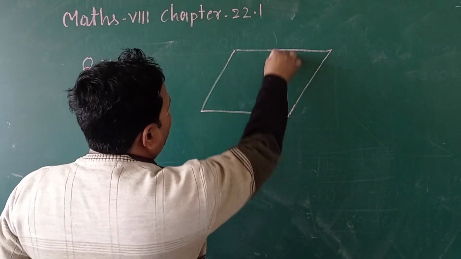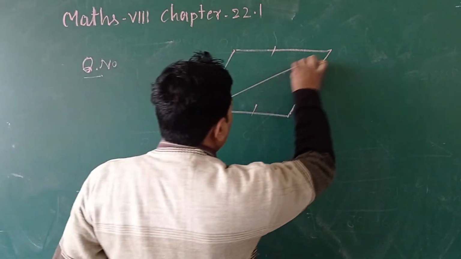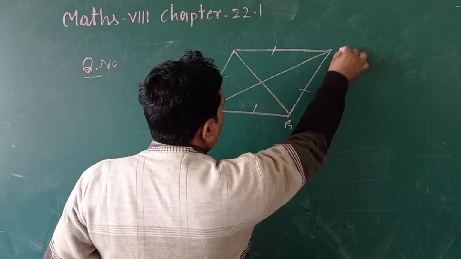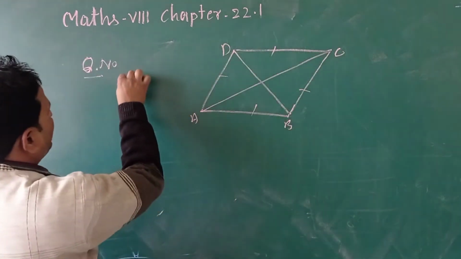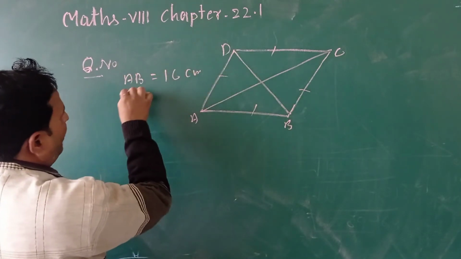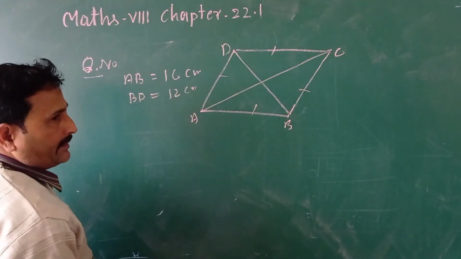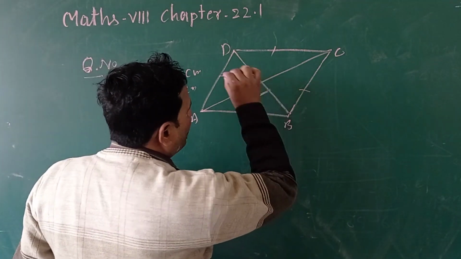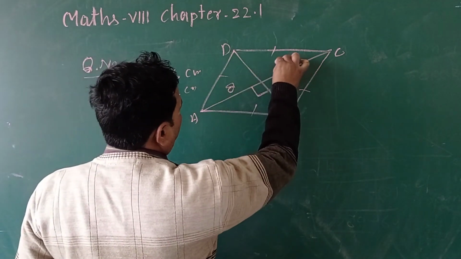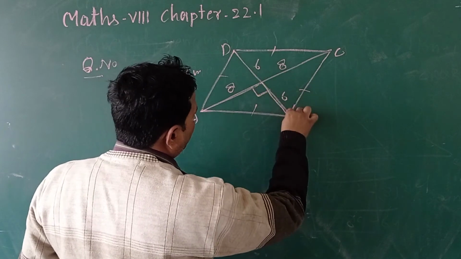A quadrilateral having all sides equal and opposite sides parallel is known as a rhombus. Diagonals are given, suppose AC is given 16 centimeter, and BD is given 12 centimeter. Remember that diagonals of a rhombus bisect each other at 90 degrees. That will be 8, 6, 6. Now use Pythagoras theorem.